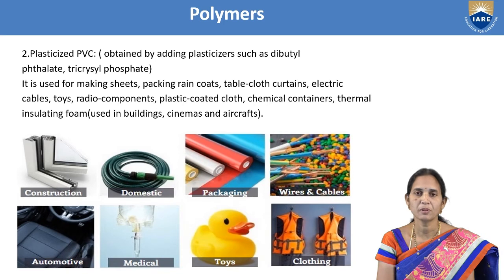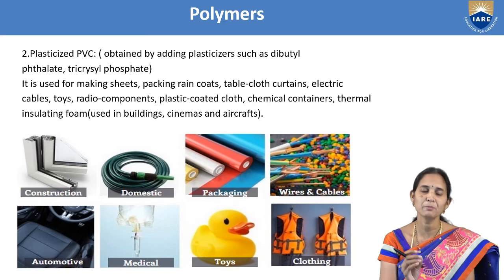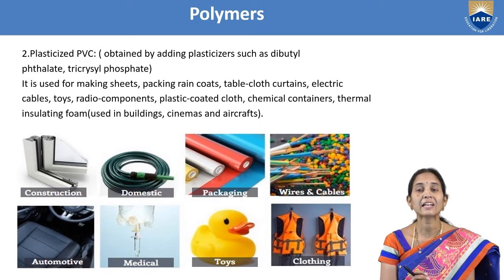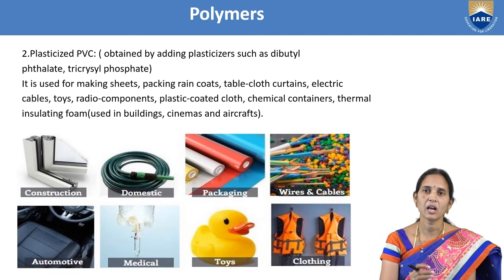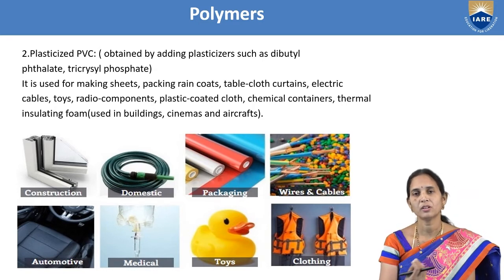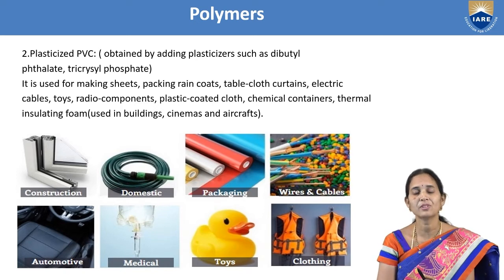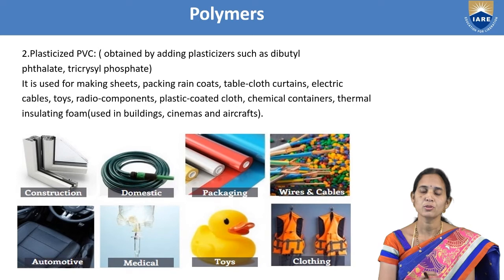Plasticized PVC. After preparing the PVC, we add some plasticizers like dibutyl phthalate, triglyceryl phosphate, to increase the plasticity and the flexibility of the polyvinyl chloride. With that also we can make some products.